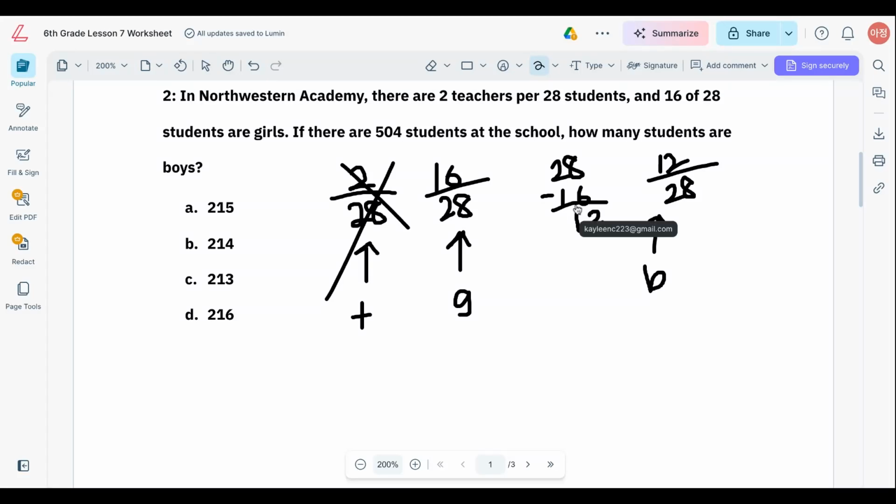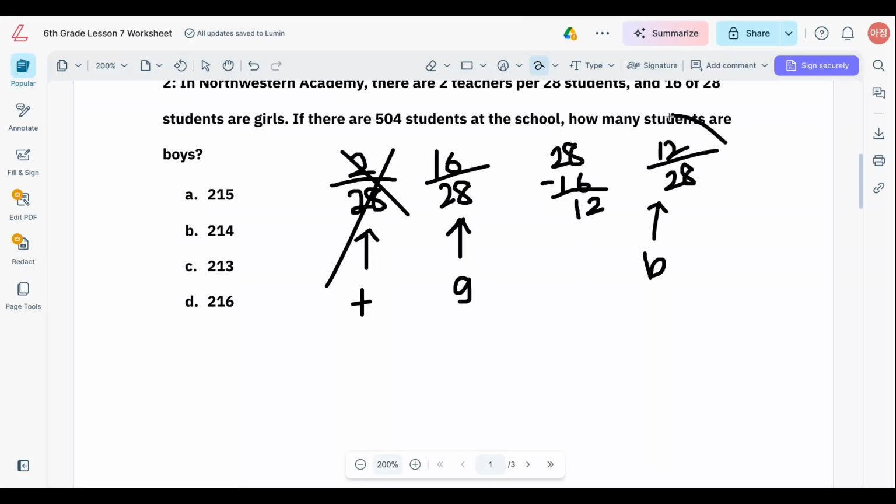Okay, but we have to find the number of boys if there are 504 students. So the total has to be 504, not 28. And we would use this ratio because we're looking for how many students are boys. So 12 over 28, we can actually simplify that, right? If you divide by 2, that would be 6 over 14.